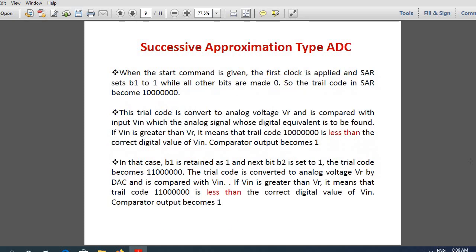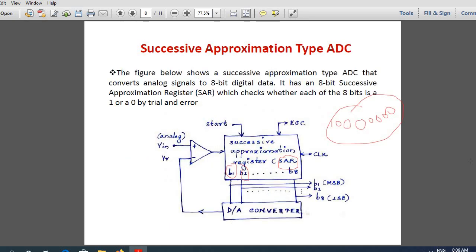So this is an explanation of that. What I need to say is that in the successive approximation type ADC, you have an SAR, the successive approximation register, which is the main core of the successive approximation type ADC, and each of the bits in the register will be checked for whether it is a 0 or a 1.